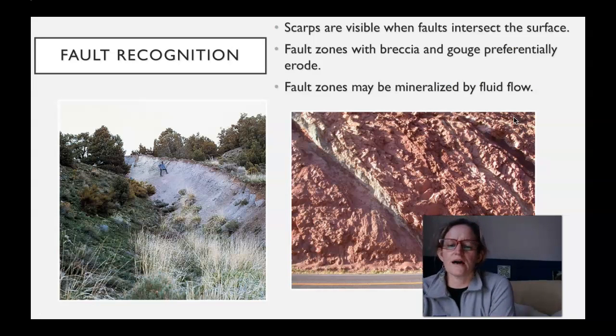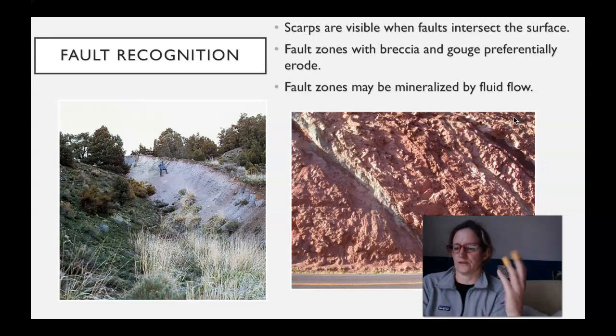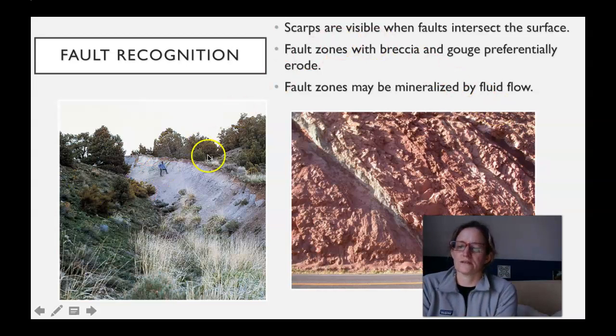Another thing, which is not as apparent in areas where there's lots of erosion, would be the fault scarp. This is a desert environment here, maybe just an arid environment, and this surface here is the fault surface. So we could see that surface and know that there was a fault there, maybe with a little more investigation.